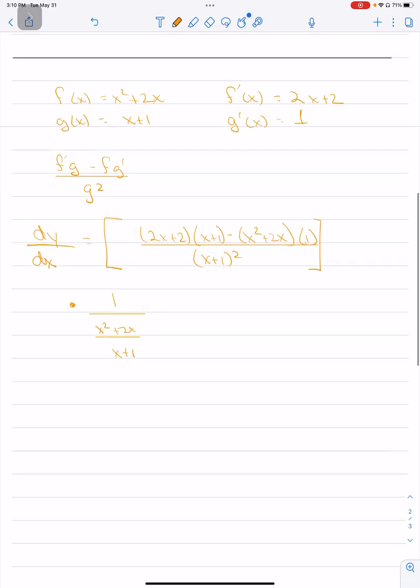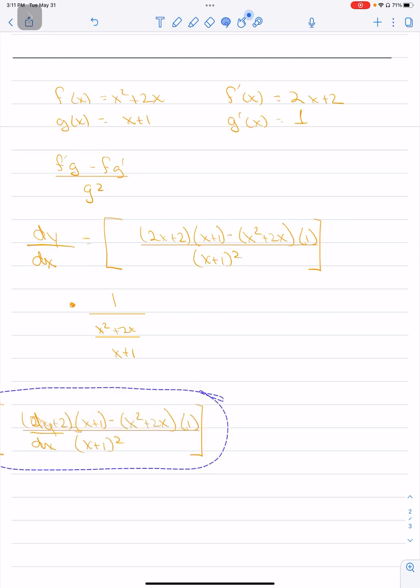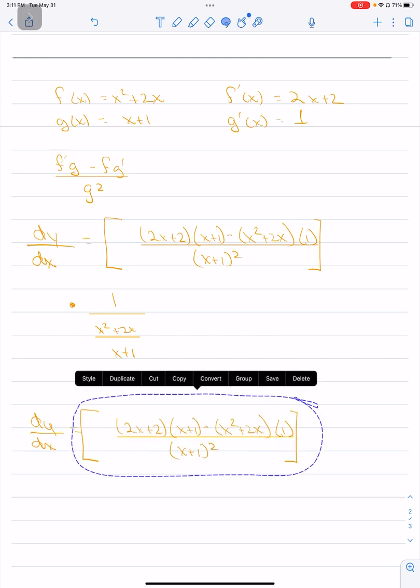And then one cleanup I can do here is that when you're dividing like that, you invert and multiply. So I could rewrite this as dy/dx is equal to, well, it'll be all this stuff here. So I'll just copy this, paste it in here. So it's all of that.